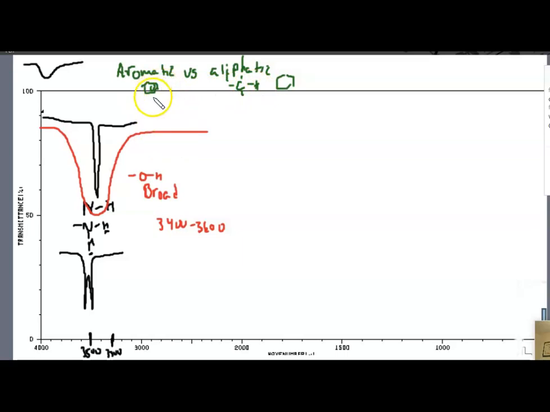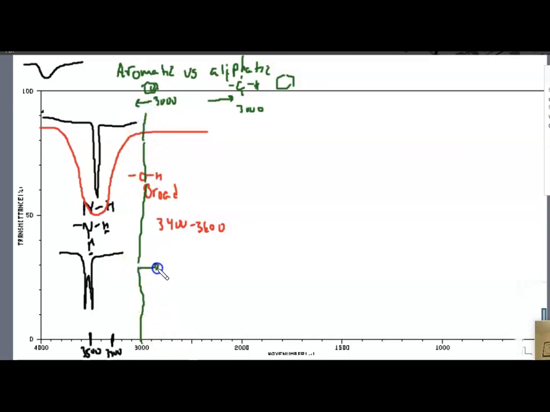The aromatics show up just to the left of 3000. I mean, we are talking just to the left. And aliphatics are just to the right of 3000. So if you look at 3000, you can pretty much draw a line. Obviously, my line's not going to be completely straight.